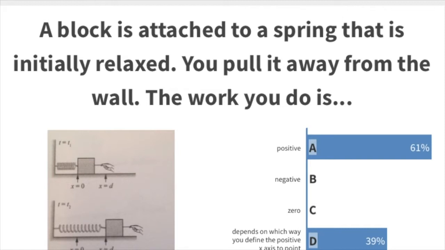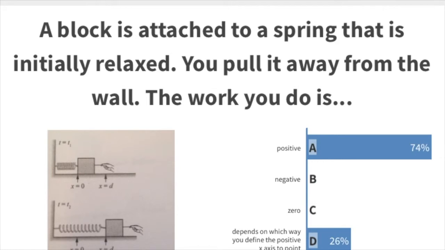Because the displacement is going the same way as the force. Right. So the force of the hand is to the right, based on our point of view, and the displacement is also in that direction. For work, that's what matters. If we define that direction to be positive, then we're going to have positive and positive. If we define that way to be negative, we're going to have negative and negative. Either way, when you multiply force times displacement, you're going to get a positive value.